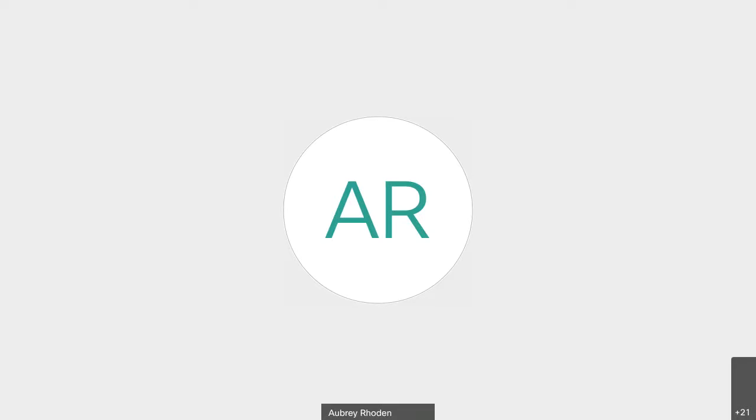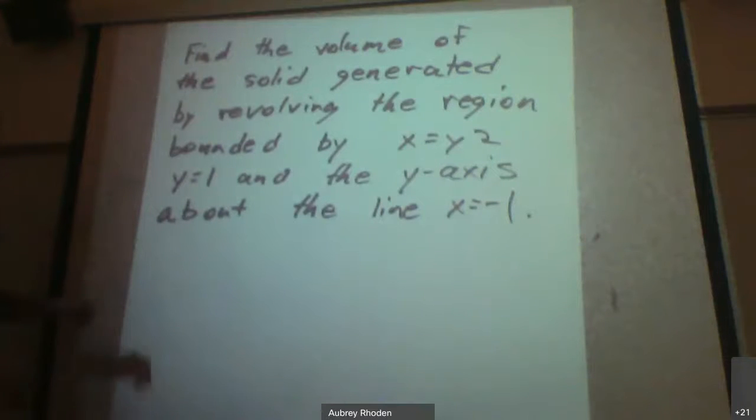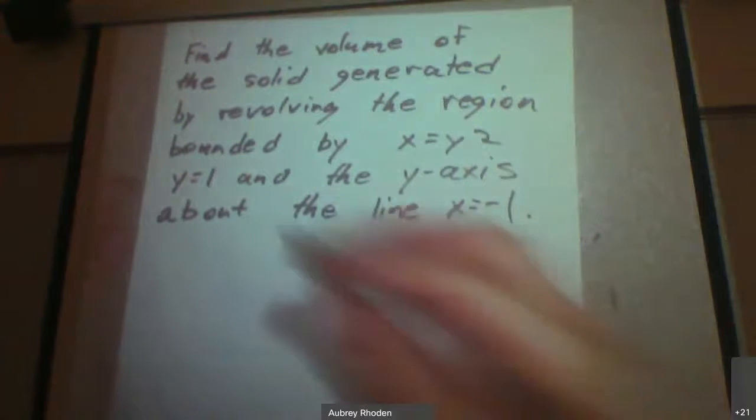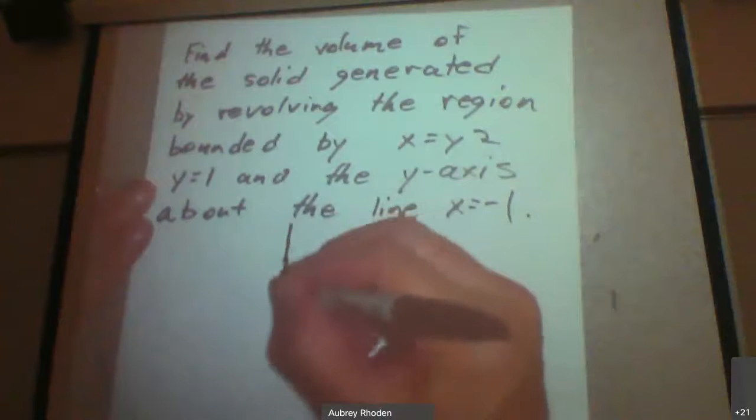Okay. So we're going to find the volume of the solid generated by revolving the region bounded by x equals y squared, y equals 1, and the y-axis about the line x equals -1. So if I was going to draw this thing, well, I am going to draw this thing.